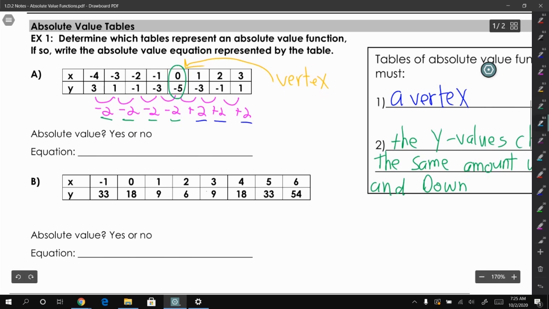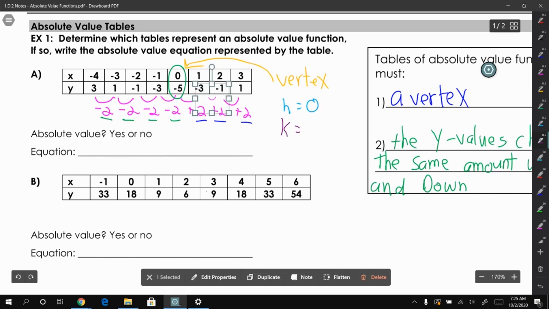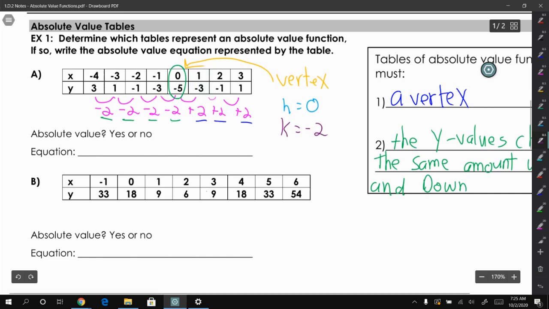So that makes the h value of my equation 0, and my k value -5, and my a value is going to be +2, because at the end of the table I'm going up by 2.